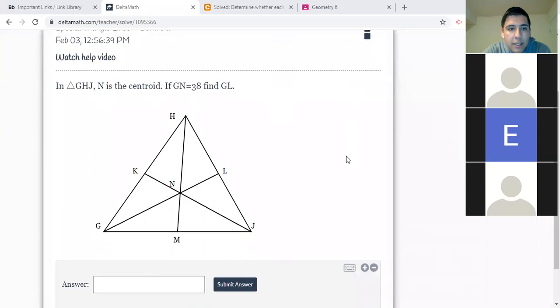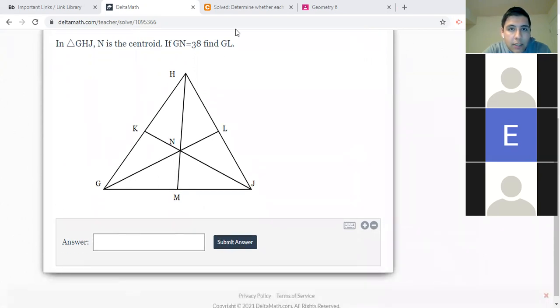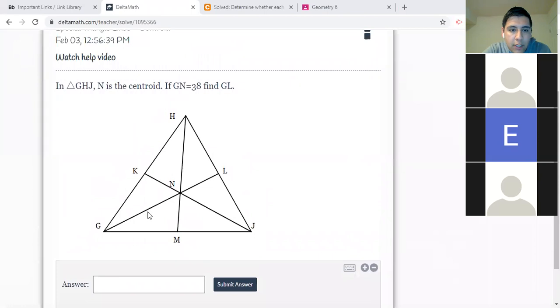Okay, so the homework should look something like this, right? It says that N is a centroid and G to N is 38. So we're focused on this line right here, G, because it's asking us for the entire thing, G to L, right? And it tells us that this part right here is 38.